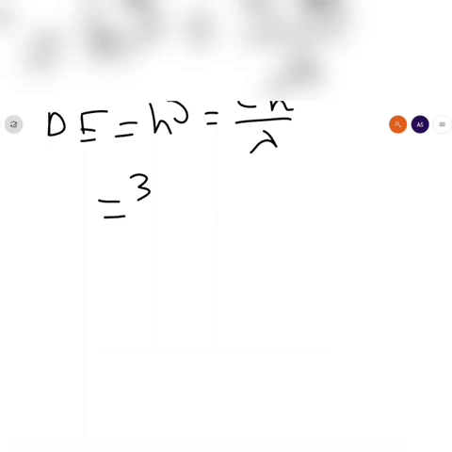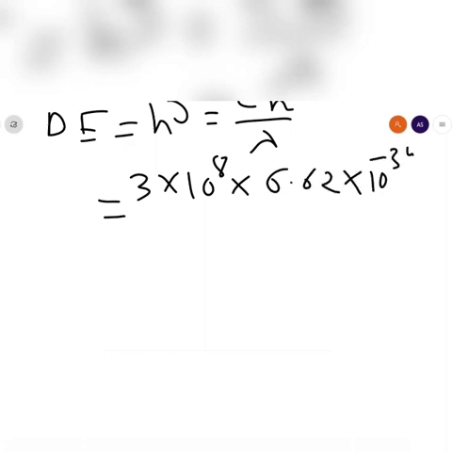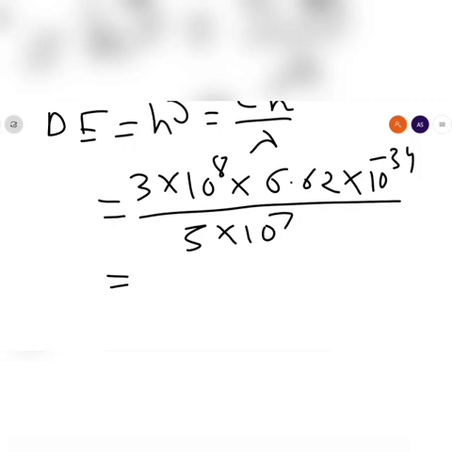You know the value of c and the Planck constant, and the wavelength is given. Now c is 3 into 10 to the power 8 meter per second, and the value of the Planck constant is 6.62 into 10 to the power minus 34, divided by 5 into 10 to the power minus 7 meter, where the meter is the wavelength. You will get the result 3.97 into 10 to the power minus 19 in joule.